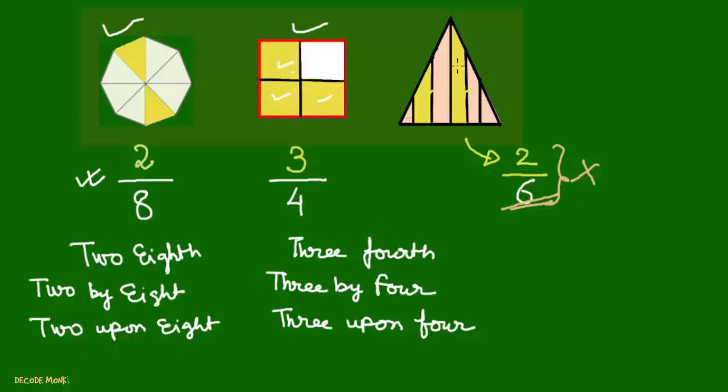There are smaller parts and bigger parts. So the elements of which this whole triangle is made are not equal. So we cannot represent the shaded portion in the form of the fraction 2/6. So this is wrong.